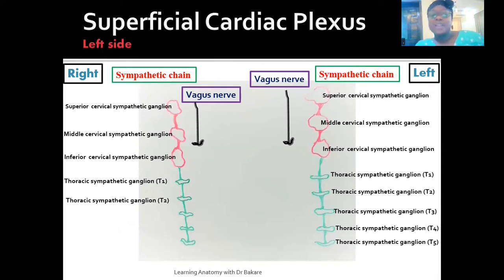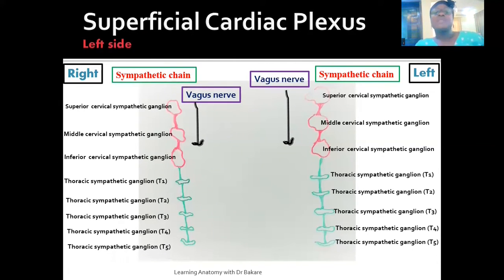Inferior to that, we have the second thoracic sympathetic ganglion, we have the third, the fourth, and the fifth. So we have the T1 to T5 thoracic sympathetic ganglia contributing to the formation of the cardiac plexus. And this is from the sympathetic component. So the sympathetic component will be supplied by the cervical and also the thoracic region. The cervical will include the superior, middle, and inferior cervical sympathetic ganglia, while the thoracic will include T1 to T5 thoracic sympathetic ganglia. And as this is established on the right side, it is also established on the left side.